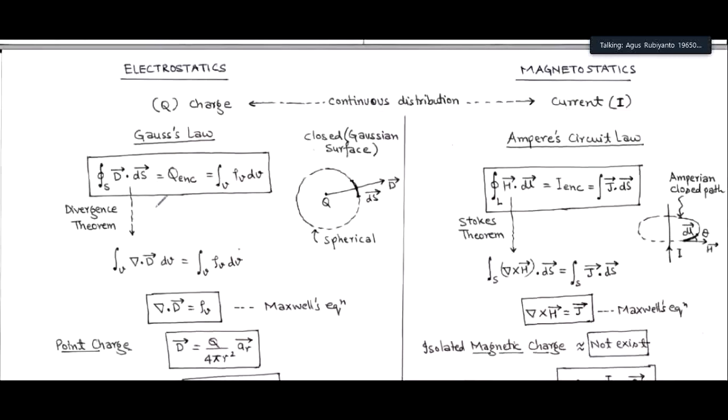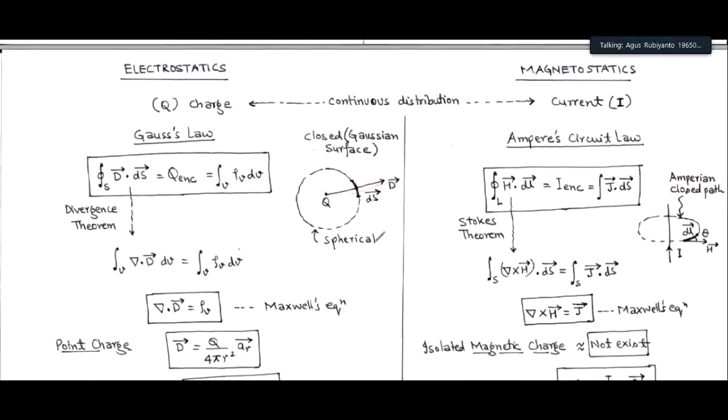According to Gauss's law, closed surface integration D vector dot dS vector equals charge enclosed, which means that if we consider any point charge q, surrounding this point charge we consider a closed surface. This is an assumed surface, that is called a Gaussian surface, and due to a positive charge, the electric flux density D vector is radially outward.